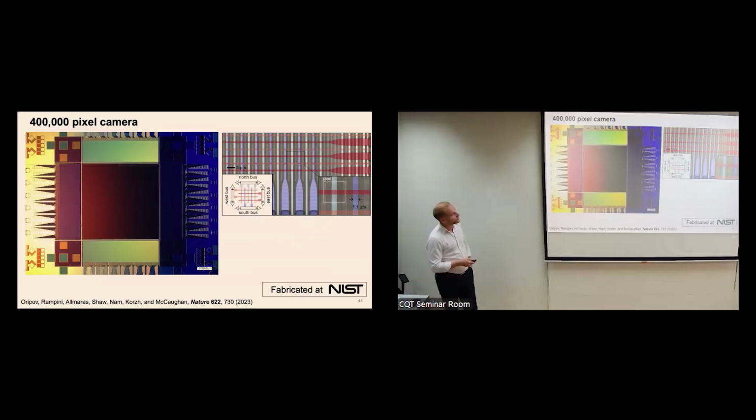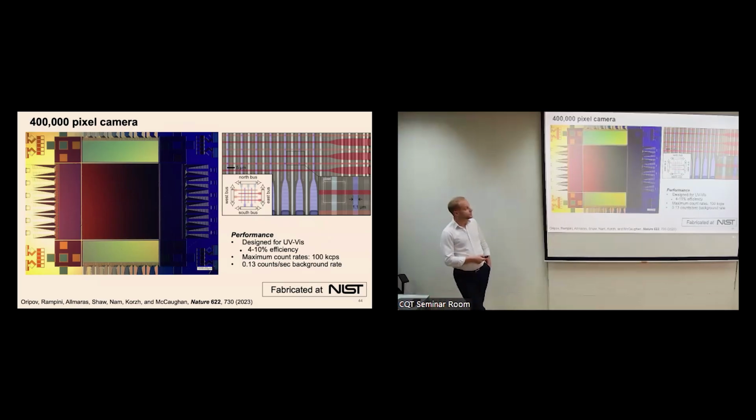Right now, the efficiencies are not super high because it's just the very first proof that you could get to these large pixel numbers. The count rates are limited because you've got so many pixels. But these are all problems that we're working on right now, to scale up the count rates and the efficiencies.